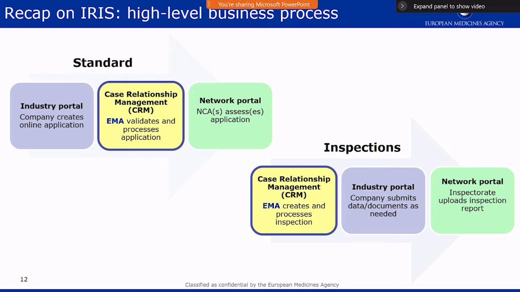You will be notified that a submission has been created for you, and you will be able to access the details of such submission via the industry portal. This will also allow you to enter data and submit documents. And the last part is the same as before. So we expose the necessary information to the network, and we do it via the network portal. In the case of inspections, the inspectors will be uploading the inspection reports through SharePoint.